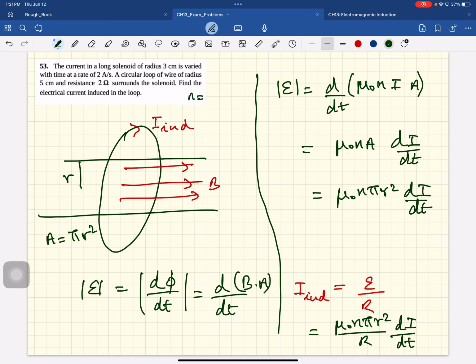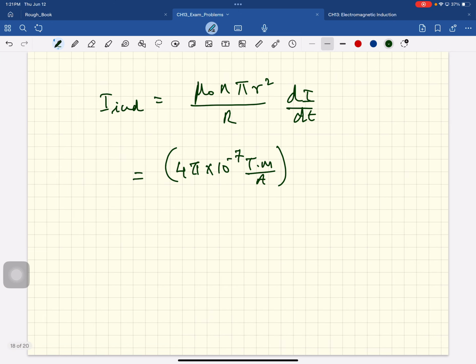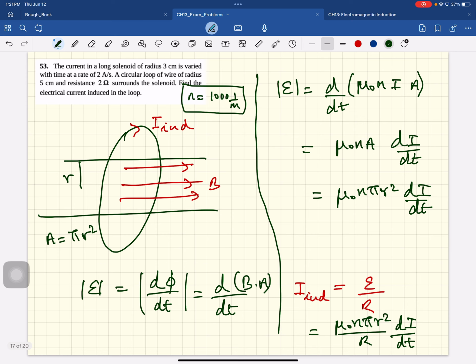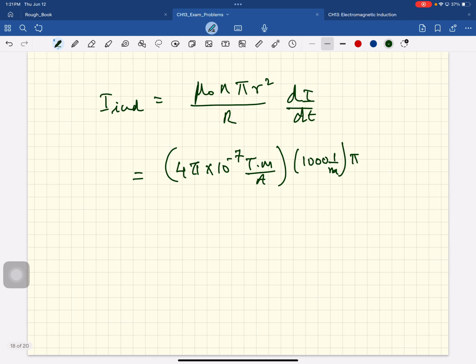So there's a problem with this. Let's call it 1,000 per meter. So I made up n. Pi, the radius is 3 centimeters.